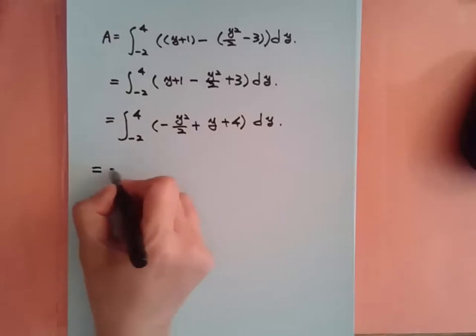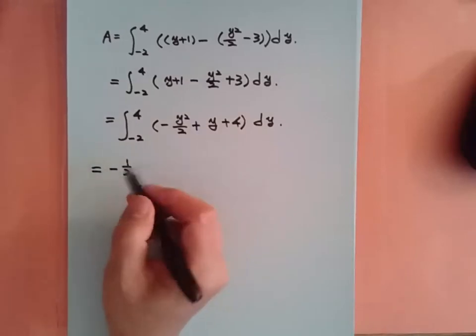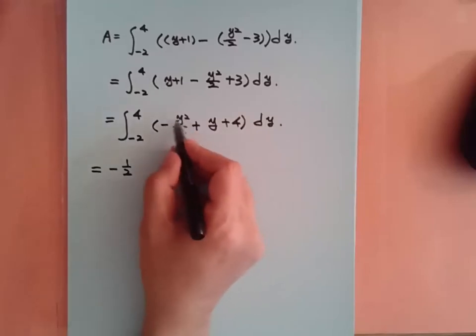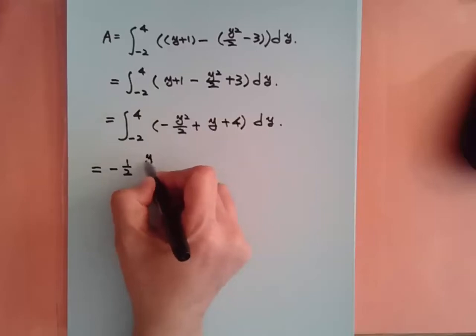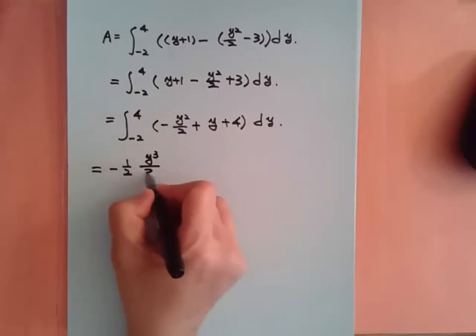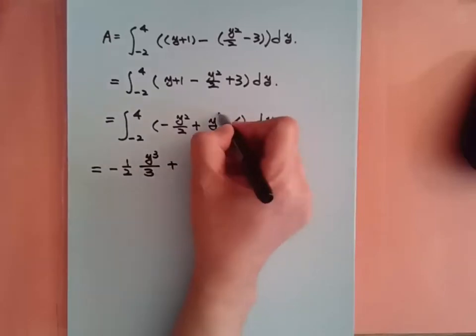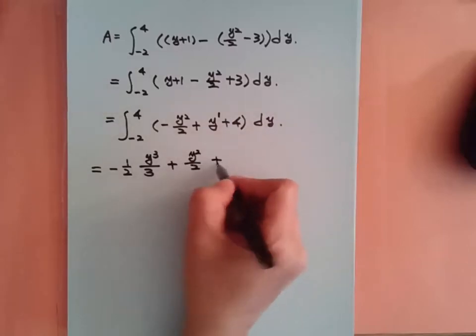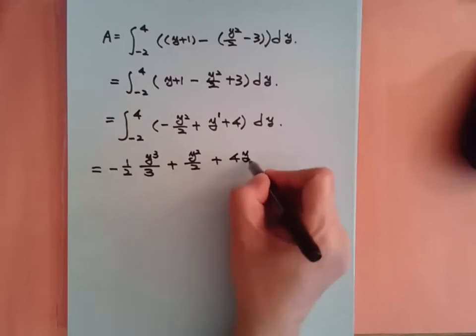And then we do just a term by term integration. Then minus 1 over 2 comes from here, and y squared will be integrated into y cubed over 3, plus y squared over 2, plus 4 times y.